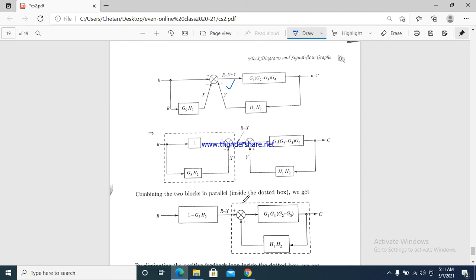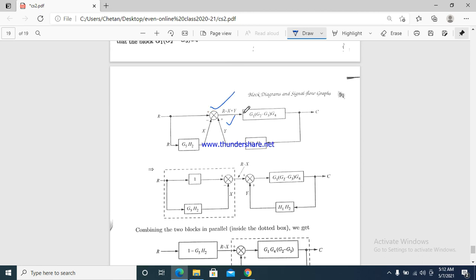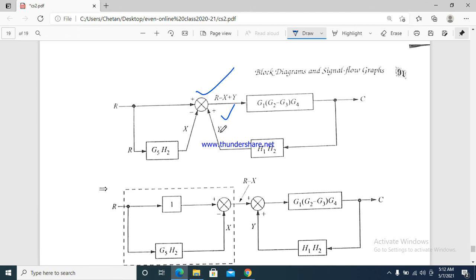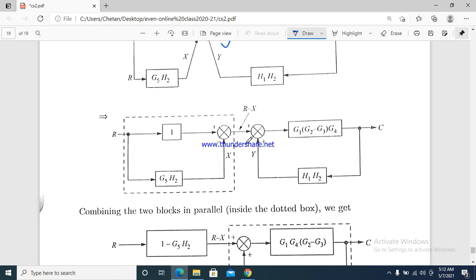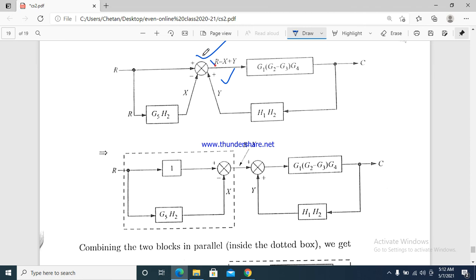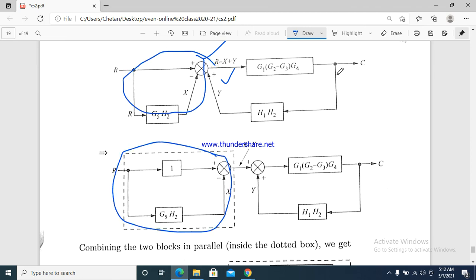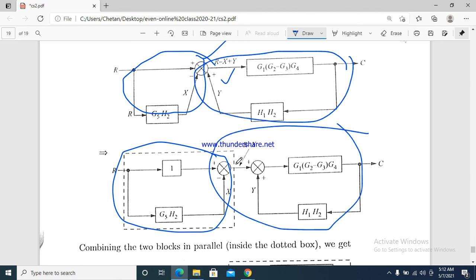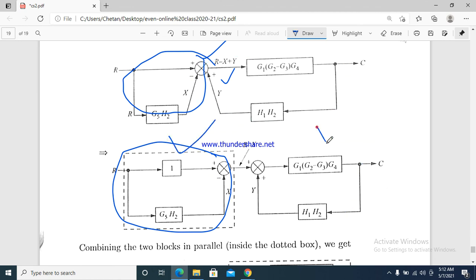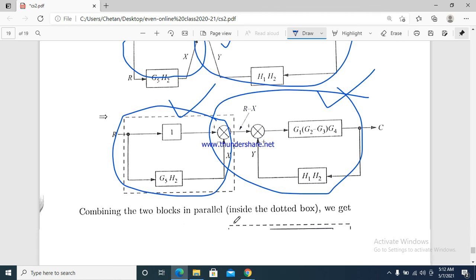Then what they do, you can shift the summing point. Splitting of the summing point can be done. If you split this one, this portion makes one summing point, this portion makes another summing point. First simplify this portion, next simplify this portion.